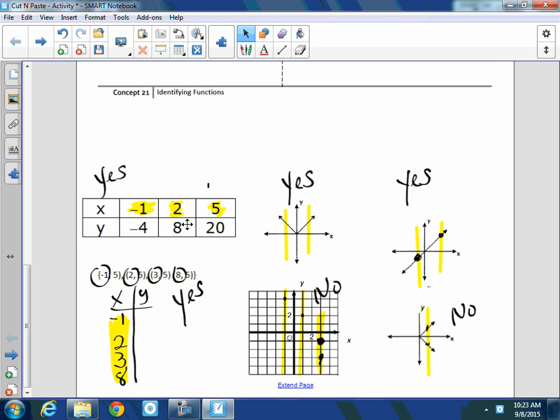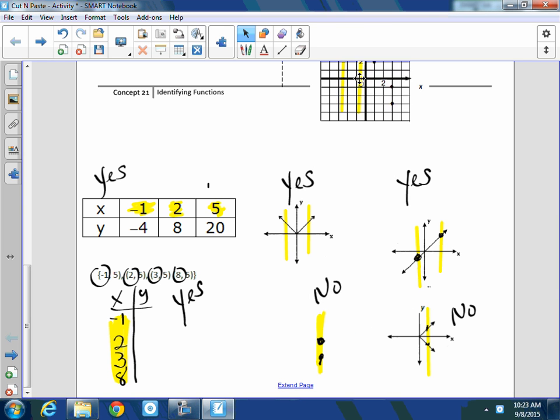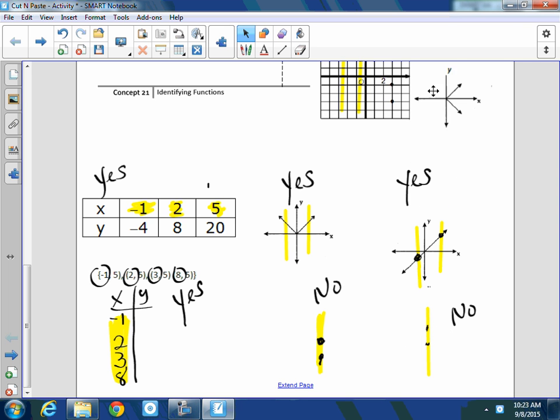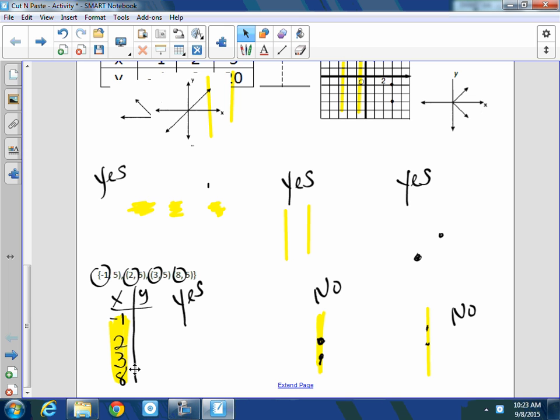Okay? So let's go ahead and put them in the right location. These two were no. And the remaining ones are yes. And I'm going to put them over here.